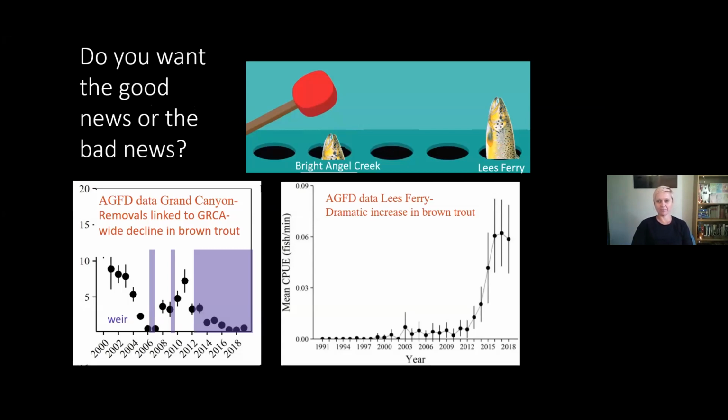And then, like many things in Grand Canyon and elsewhere, there's good news and bad news. And so I will start with the good news because I'm an optimist. Here we have Arizona Game and Fish data, electrofishing data from Grand Canyon. And over the last 20 years, let me point out, these purple bars are times when the weir was installed.